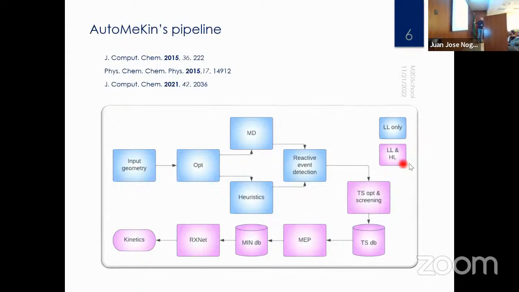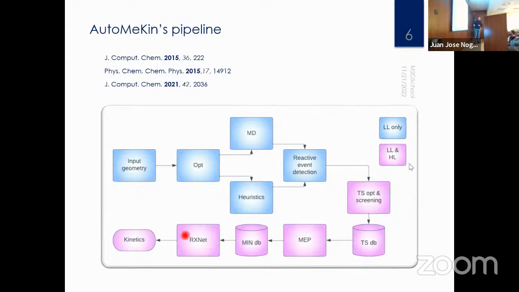By high level, by the way, it can be any type of level, DFT, any ab initio calculation of your choice, depending on the size of the system and the size of the network. You can choose one method or the other. So you recompute everything, and you now have a database with the minima and TS at high level, and also a reaction network at high level, which again does not necessarily need to be exactly the same as the low level one.